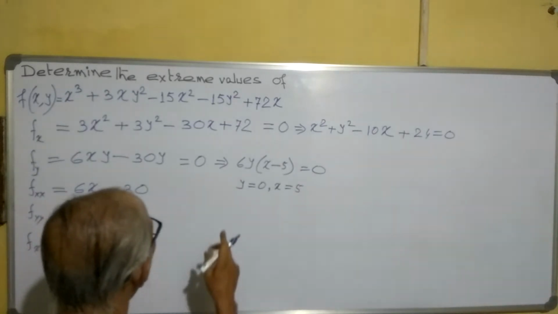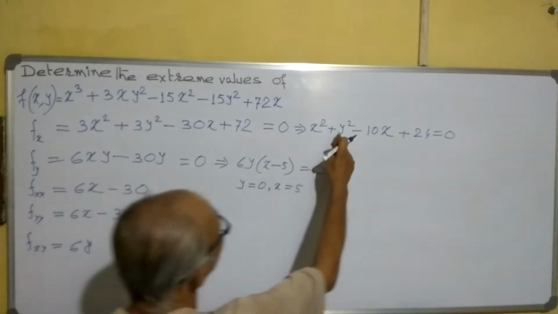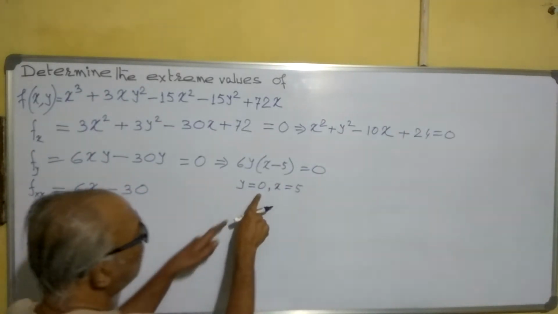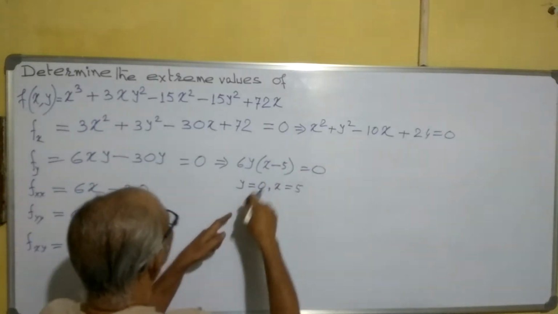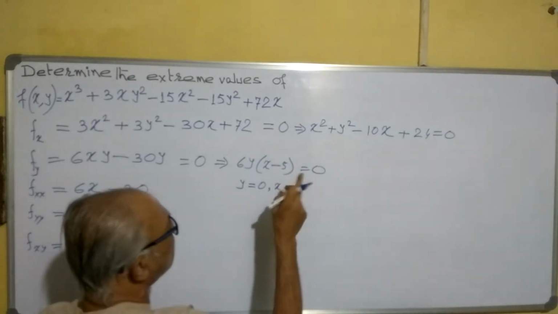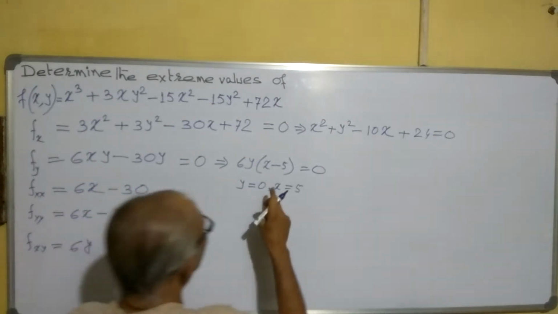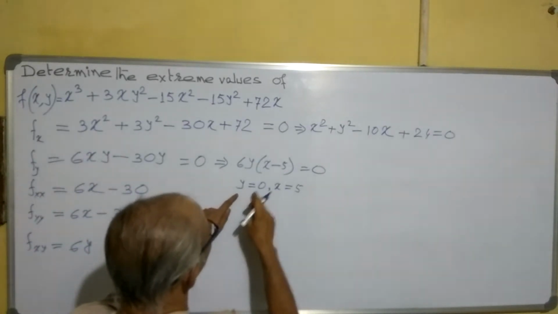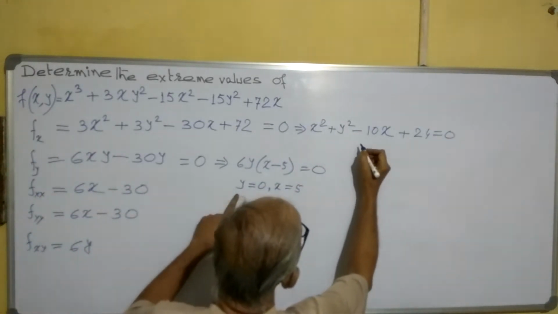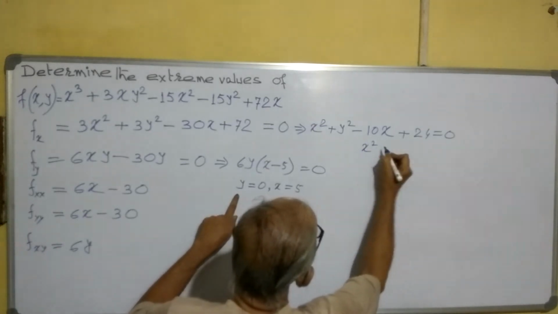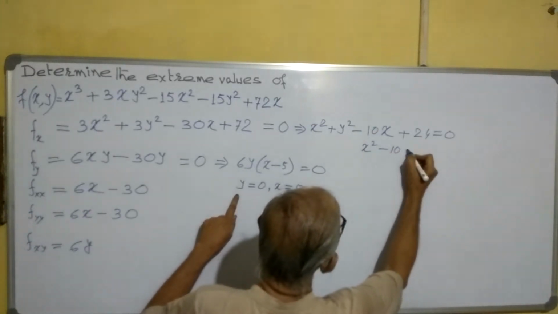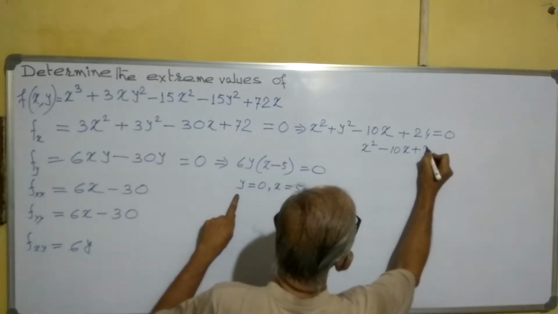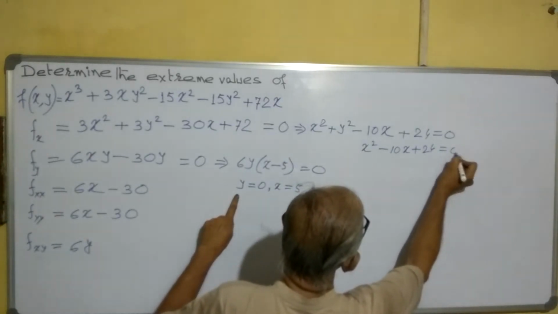Now putting y equals 0 here, from these two we have to find values of x and y. When putting y equals 0, what are we getting? x square minus 10x plus 24 equals 0.